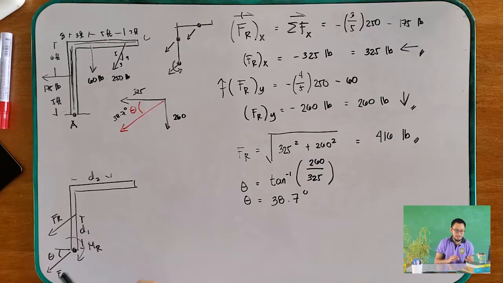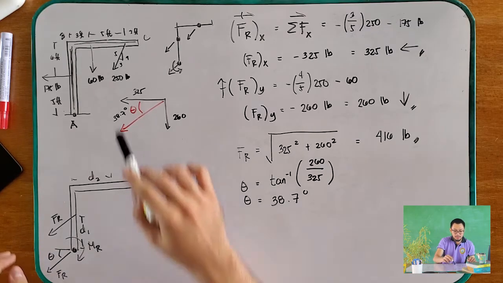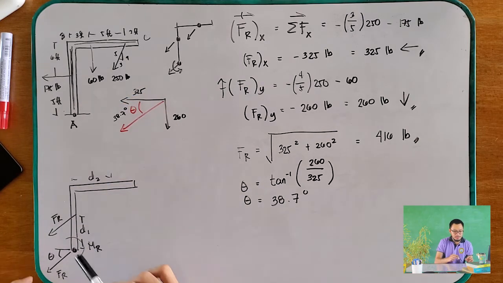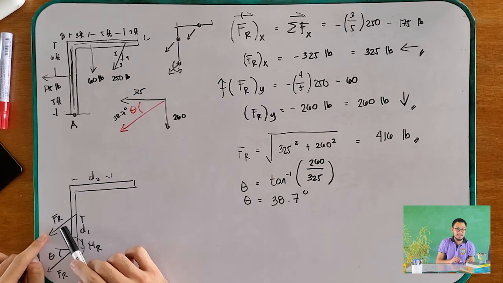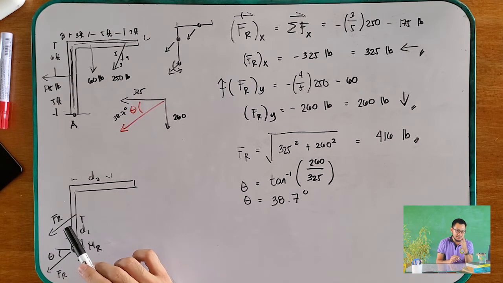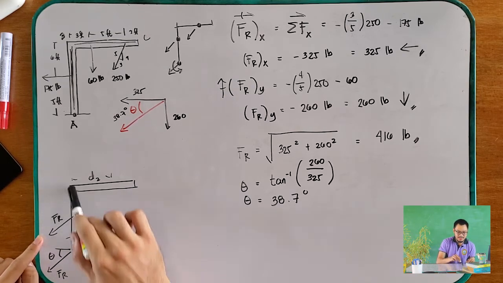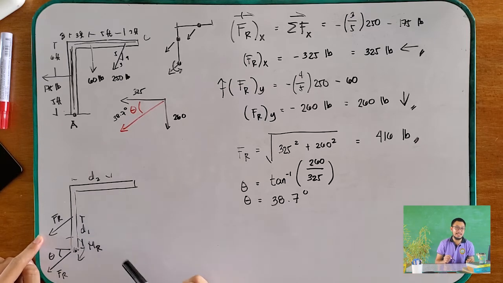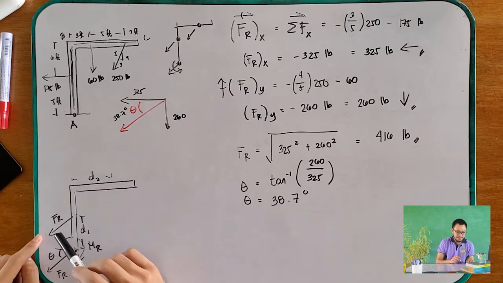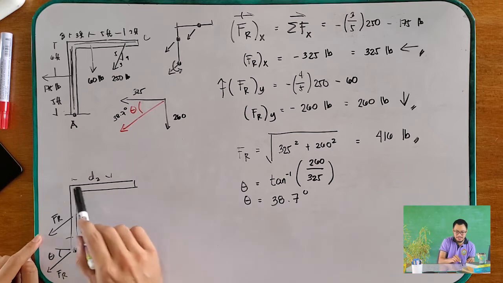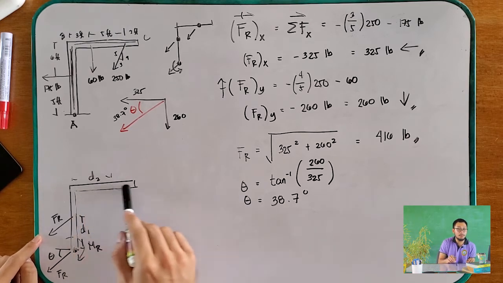What I mean is, if you want to simplify your three forces into one single force, the first question is whether this single force is located on the column, and the second question is whether the force is located on the boom.